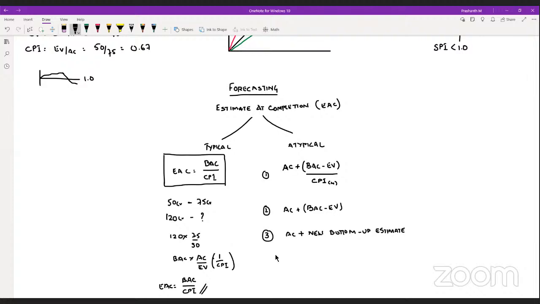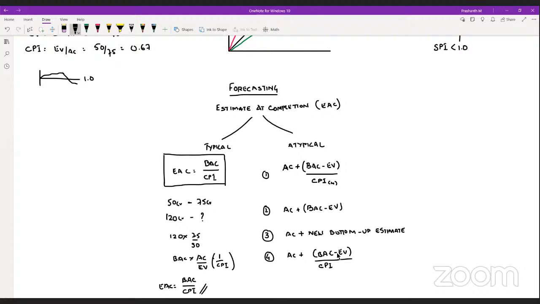This is the third variant. The fourth variant is AC plus BAC minus EV by CPI. This is the common formula. Here CPI is there; in the second, CPI is 1, so we are not dividing it.